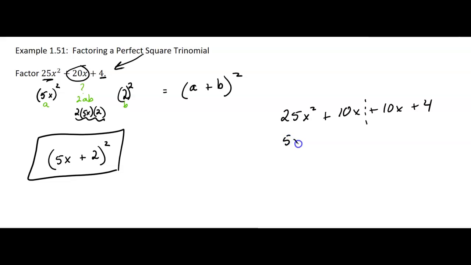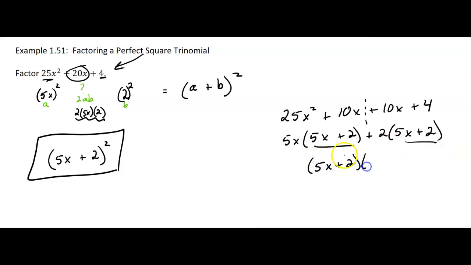You'd have a 5x here, and you'd get 5x plus 2, and then the common factor would be 2, and you'd have 5x plus 2, and the parentheses would be the same, so you'd have 5x plus 2 times 5x plus 2. See, it would all work out the same. It's a little more writing, maybe.